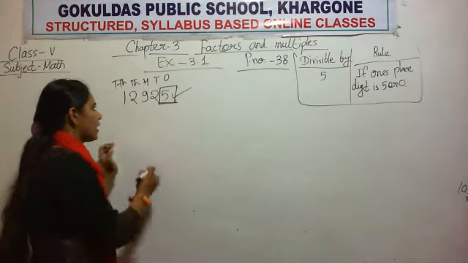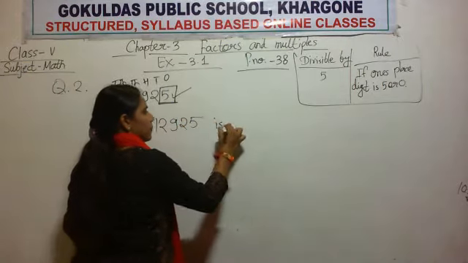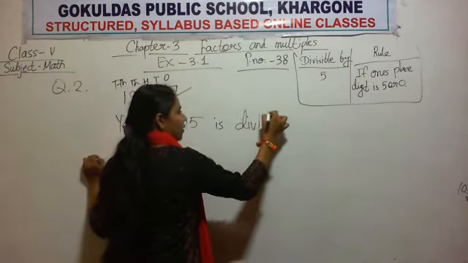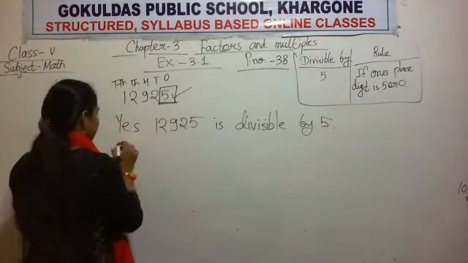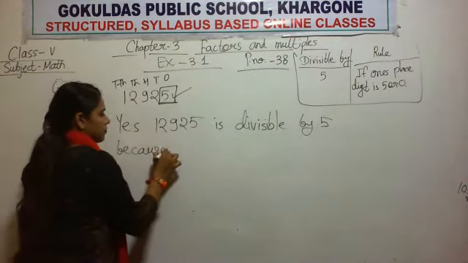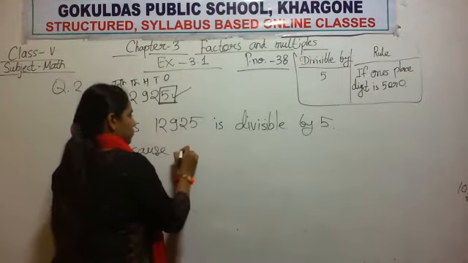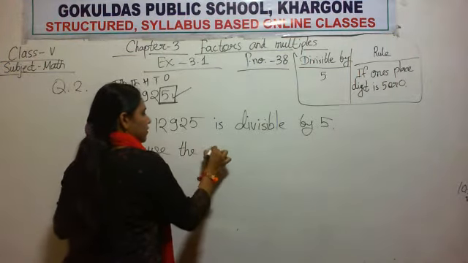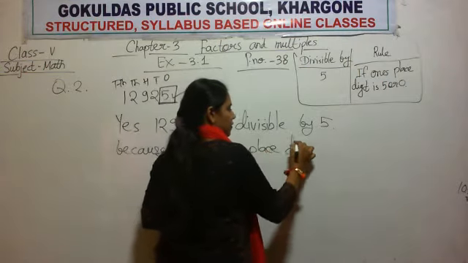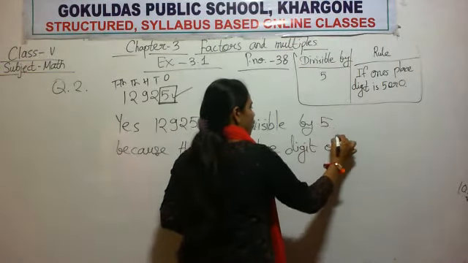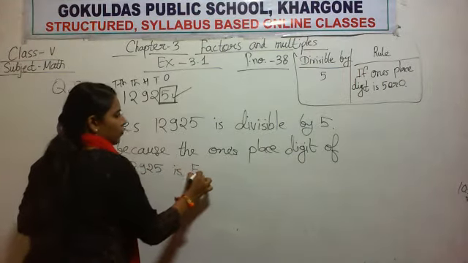So you can say that yes, 12,925 is divisible by 5 because the ones place digit of 12,925 is 5.